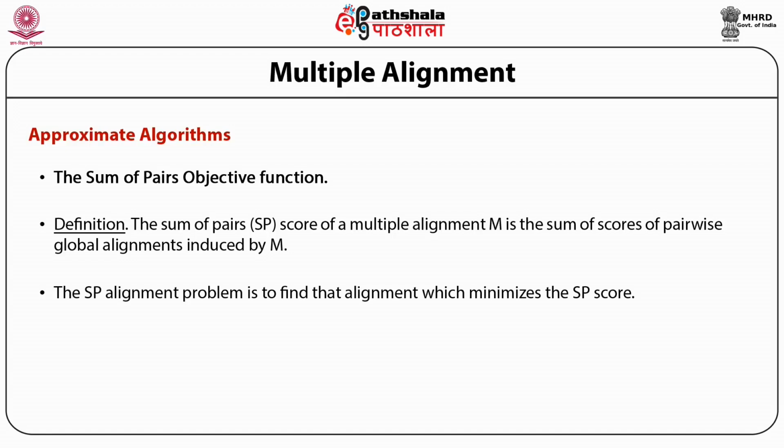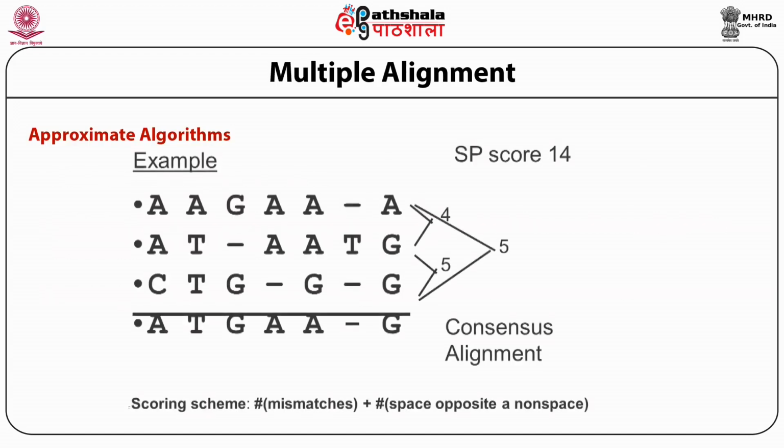So the idea is like this, that of course we cannot find that out in any direct approach, but whatever we do, we insert gaps and spaces anywhere and everywhere in the sequence, but keeping an eye that this sum of pairs score becomes maximum if we are using a score, or becomes the minimum if we are using a penalty function. This is illustrated here. Here I have 3 sequences.